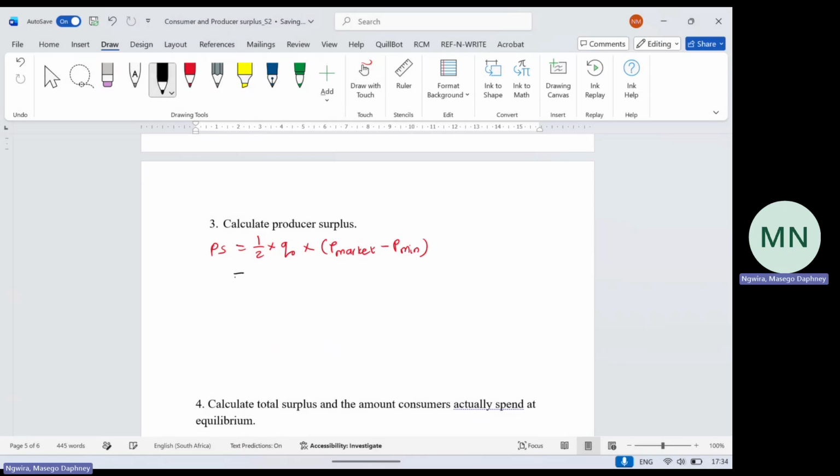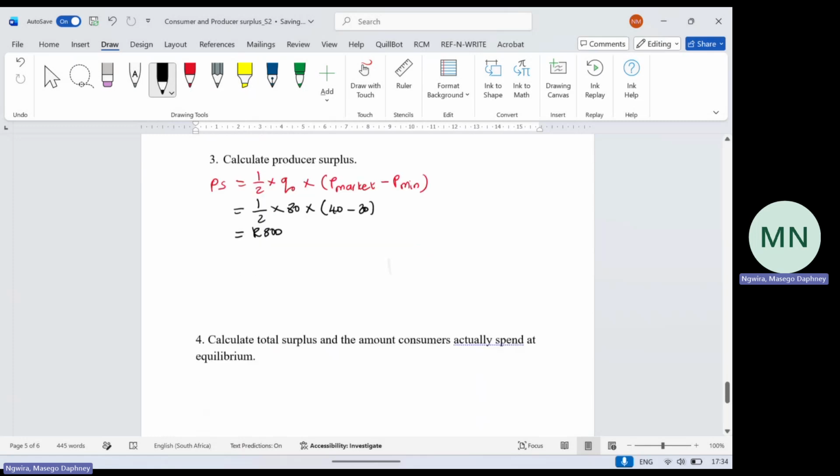So half times Q naught, which is 80, times our market price 40 minus the minimum, 20. Our final answer is going to be 800, if I'm not mistaken. So that's our producer surplus.